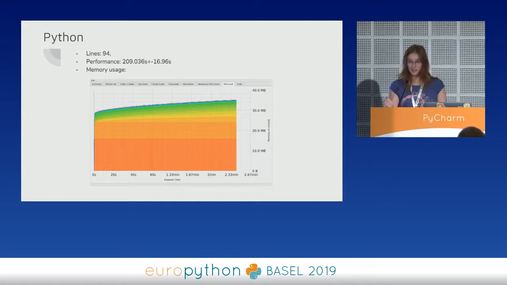I did it with Hyperfine, which gives it several runs and uses the average, so it's a believable number. It's not like I ran it once with a couple of different programs running in the background. Memory usage: just remember this number. For this execution, Python allocated on the heap about 35 megabytes. And it's small.